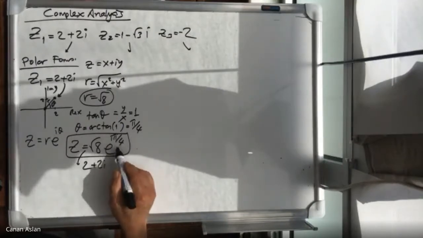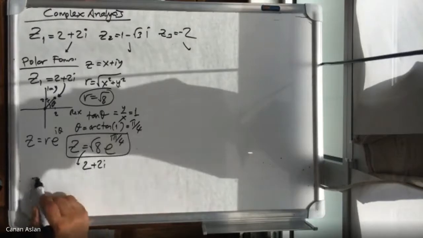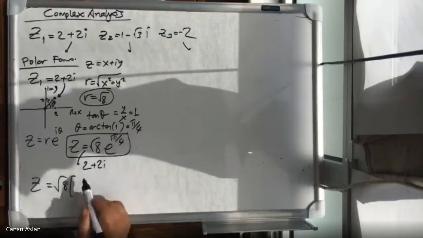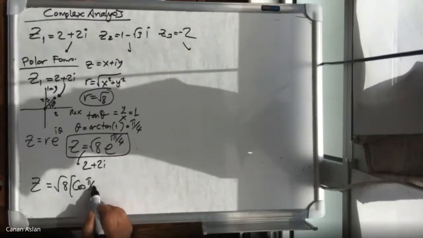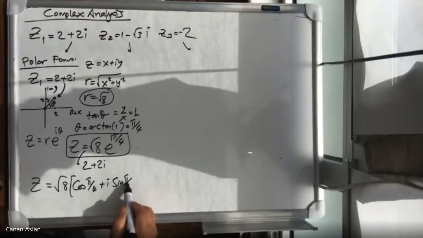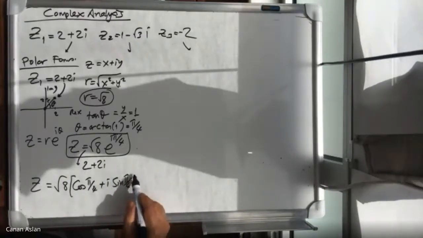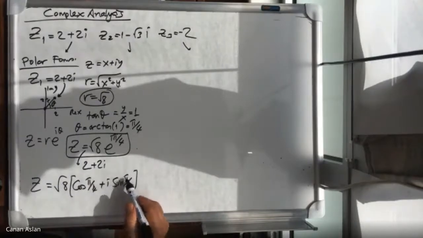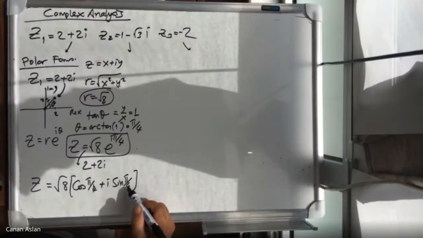Of course, because the exponent gives you that. So z can also be written as square root of 8 times cosine of pi over 4 plus i sine pi over 4. But what is pi over 4? Cosine of 45 degrees and sine of 45 degrees.